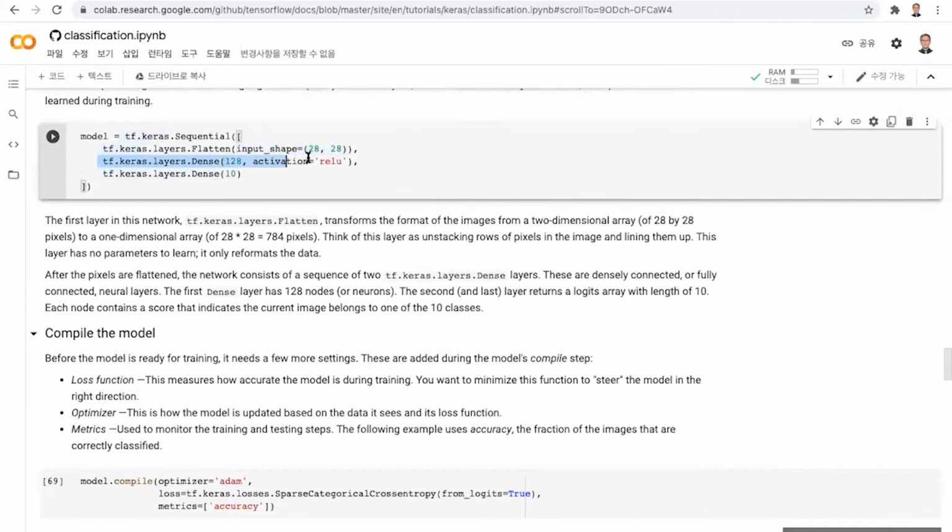Okay, the next layer is a dense layer. It has 128 nodes. Why? Because they just found it, they just said, this is okay. And the activation is ReLU, and it produces 10 outputs.